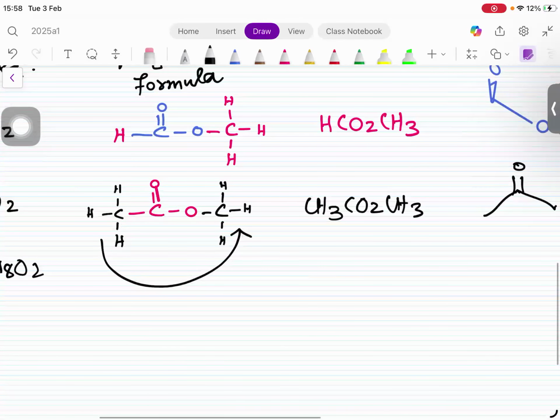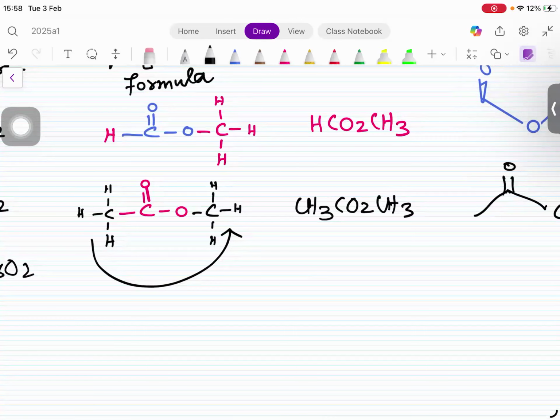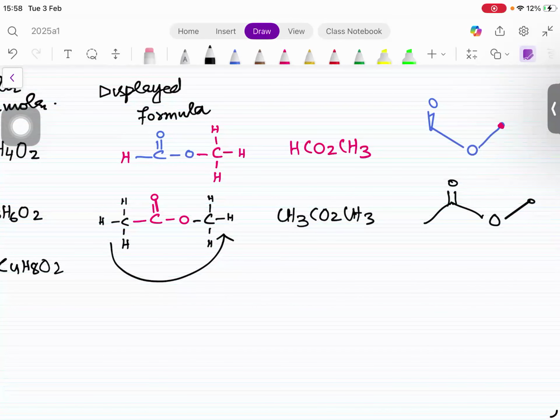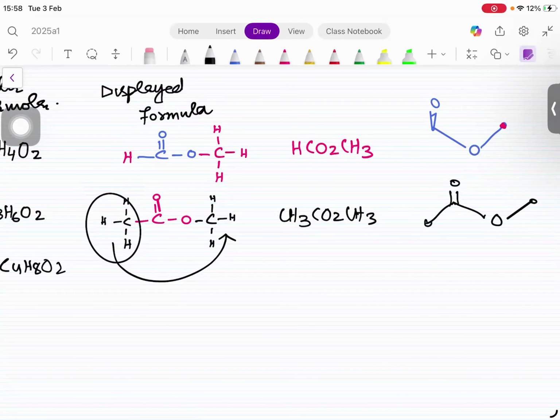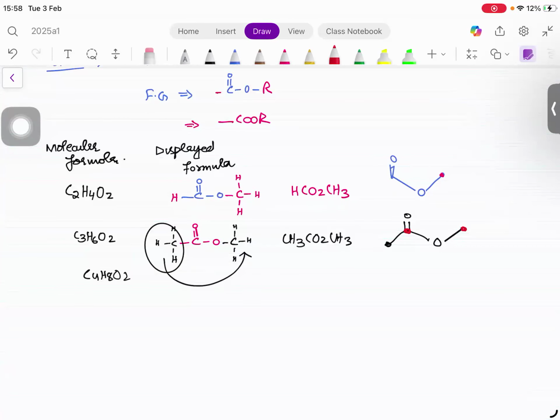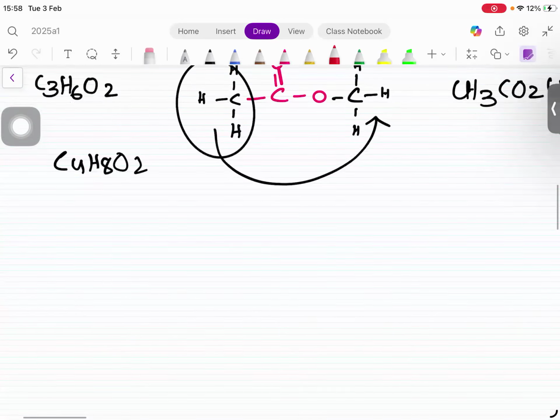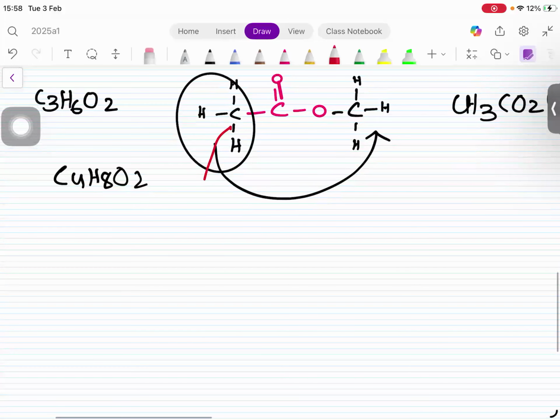In structural I just followed this, because in the skeletal I followed this. This is CH3, this is CH3, and then this is the carbon, then oxygen, and then this is the carbon. Okay, I followed this. Got it? Skeletal is just following this. Look, pay attention. This is the carbon, so I put a dot instead of carbon. Then there is a carbon with the double bond O. Then who is next?